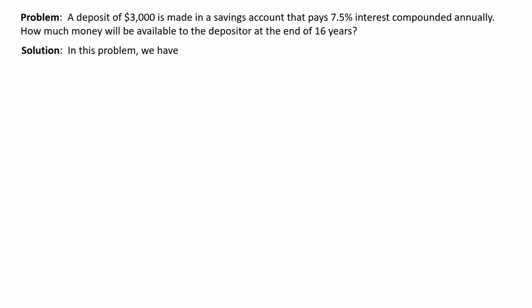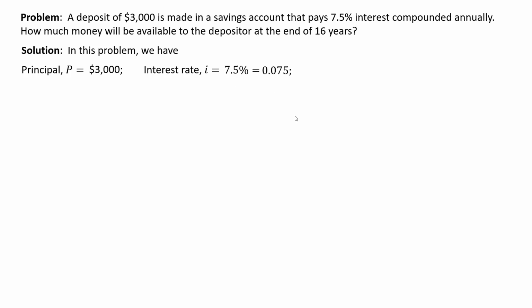Cool. So, principal P, boys and girls, is 3,000. Good. Interest rate i is 7.5%, so that's 0.075 if you divide 7.5 by 100.